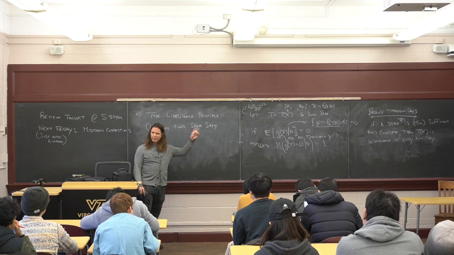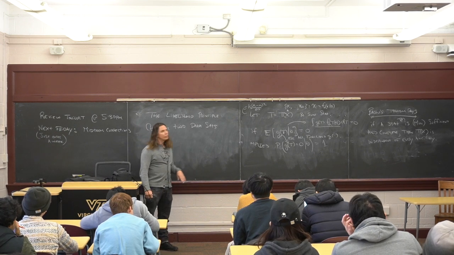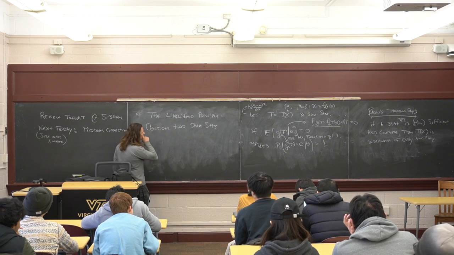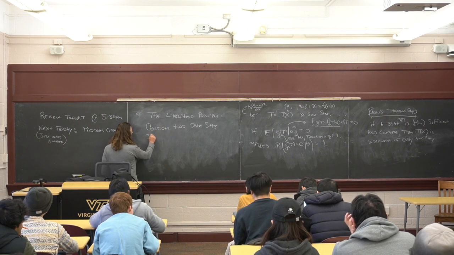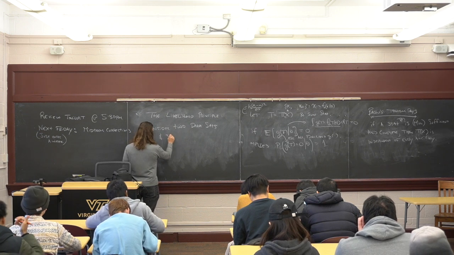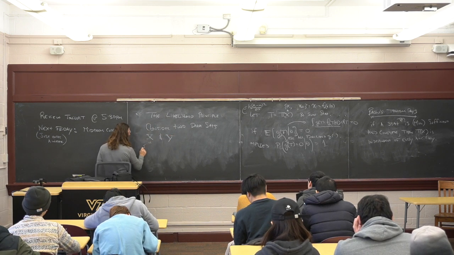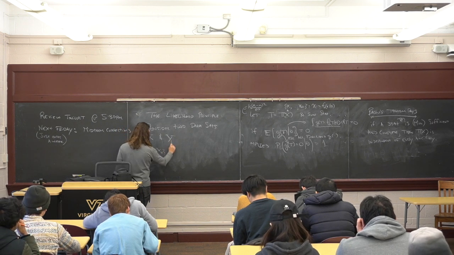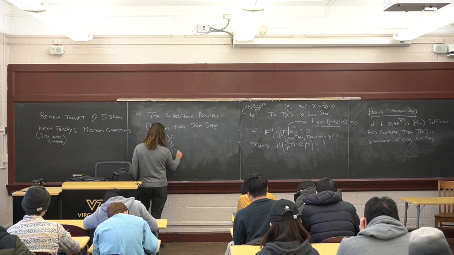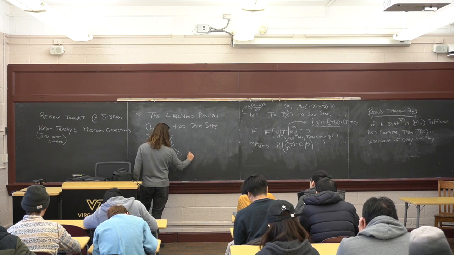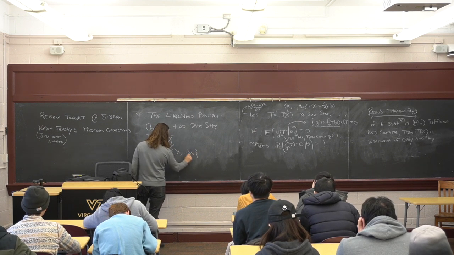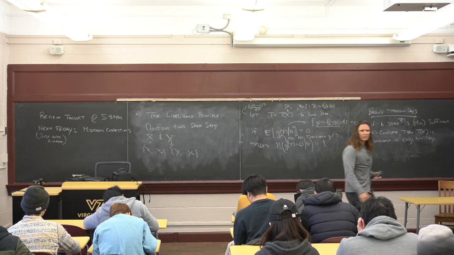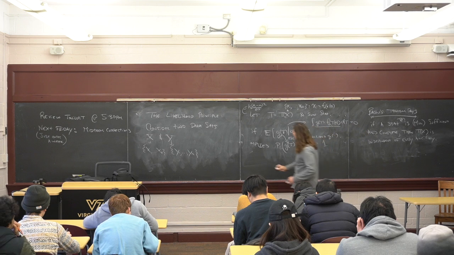Maybe not a minute, but maybe 48 hours in 2 minutes. So consider two data sets, I'll call them X and Y. So they don't even have to be the same sizes. In the example that I'll give you, they are both the same size as the data sets, but they don't have to be the same.